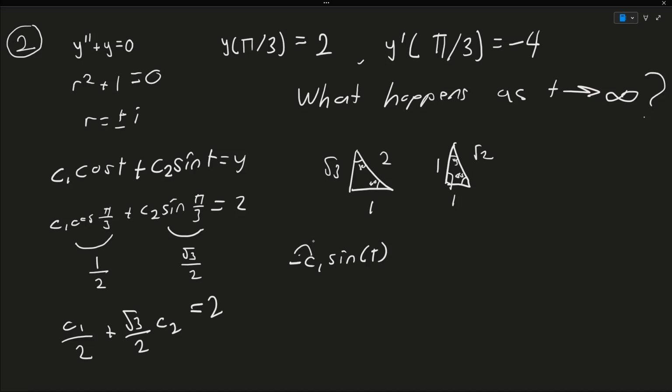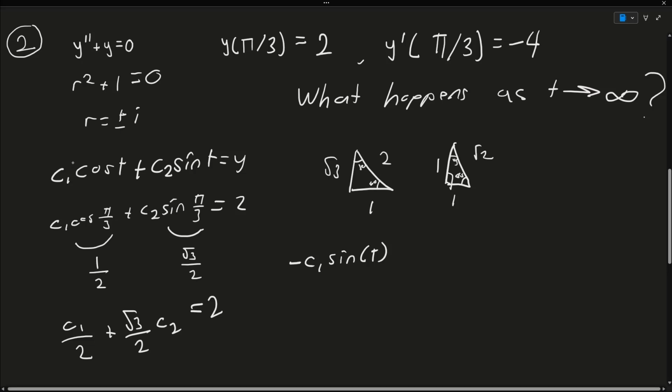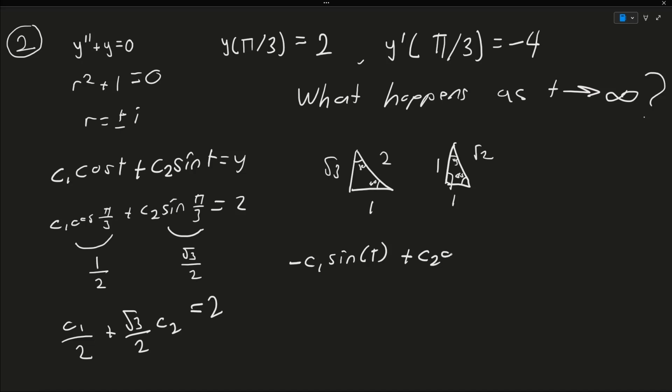Don't try to put this -1 inside c1, or if you have a constant number, sometimes we get that just like we got it on the previous question. Don't get it inside c1, okay? And this derivative will be c2 cosine of t equals to y. Oh, this was y prime, my bad, y prime.